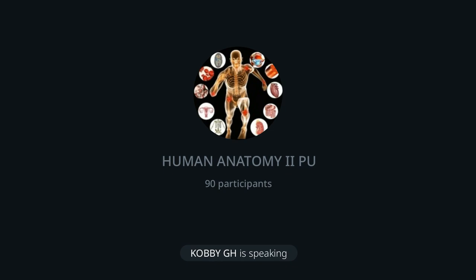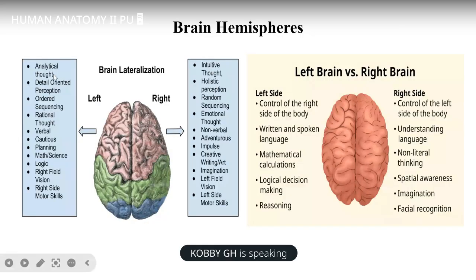Okay, so the left hemisphere is responsible for perception, sequencing, rational thought, planning, math, science learning, logic, right field vision, right side motor skills. And the right hemisphere is responsible for thoughts, perception, sequencing, emotional thoughts, impulses, creativity, like writing, your art skills, imagination, left field vision, left side motor skills.